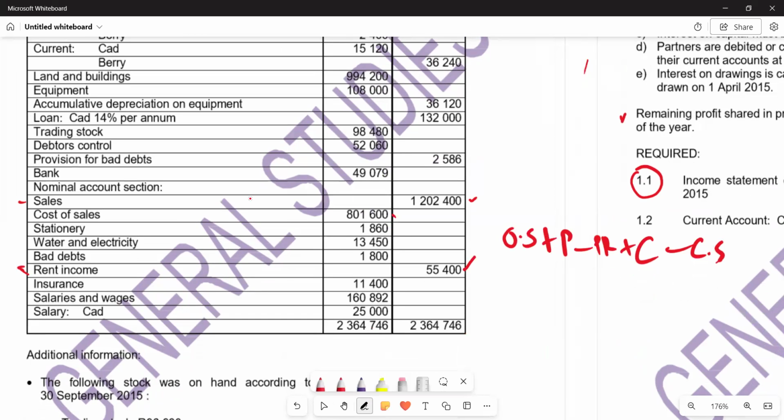So we can go through the additional information and try to see if there is anything that is affecting our rent income. We go through each and every piece of additional information to find out. So let's try to find out.